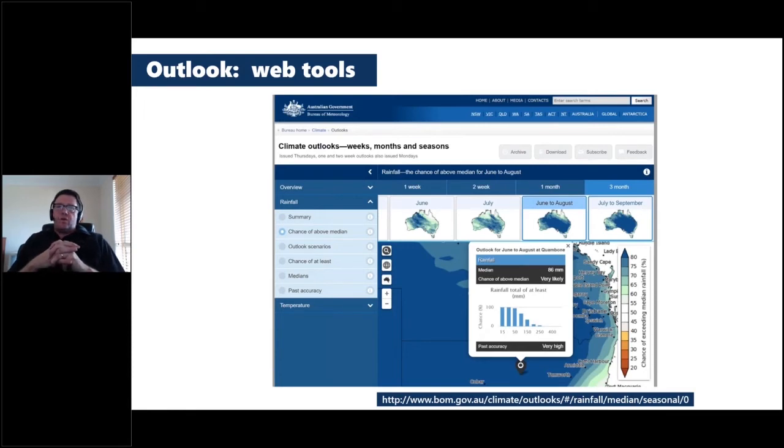Typically in Australia, the forecasts are quite low in skill during the February-March period and into autumn. They really start to pick up right about now, this time of the year. This is just a feature of our climate. Some people call it the autumn predictability hump, the Southern Hemisphere predictability hump.